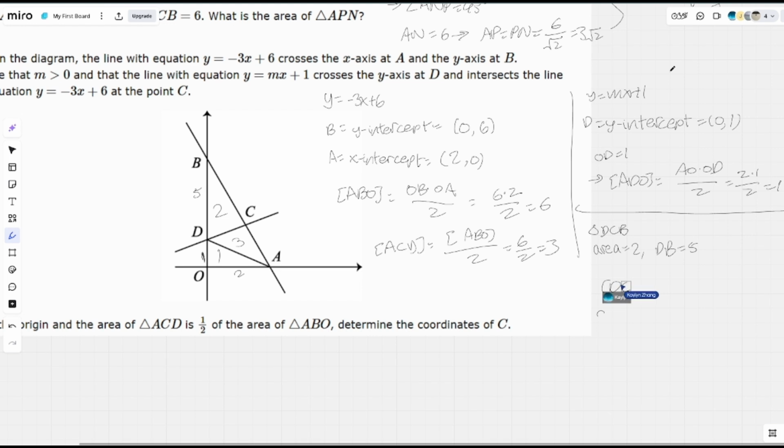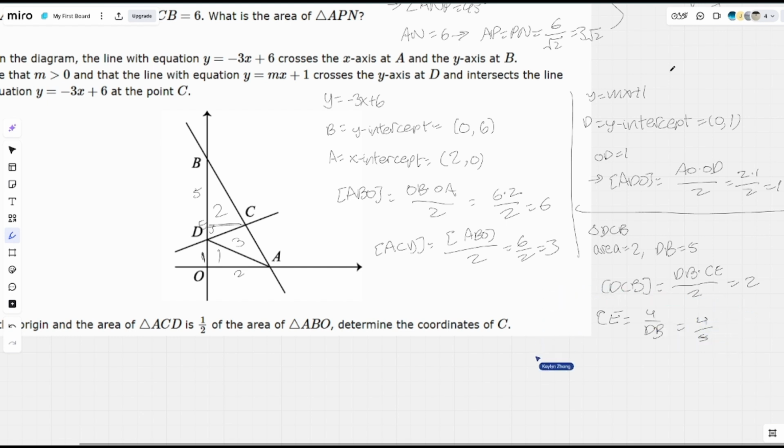So the area of DCB is equal to half of DB times, so we can draw a perpendicular line from C to BD, and we can call that point E. So it would be half of DB times CE. So this is equal to 2. So that means that CE is equal to 4 over DB, which is equal to 4 over 5.